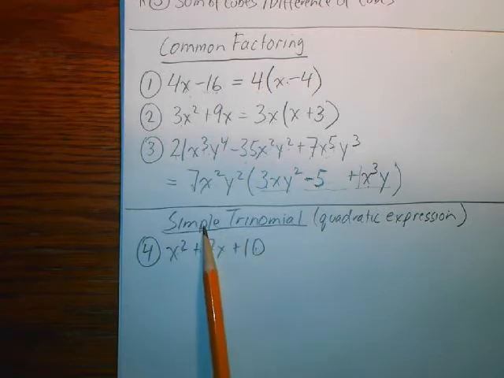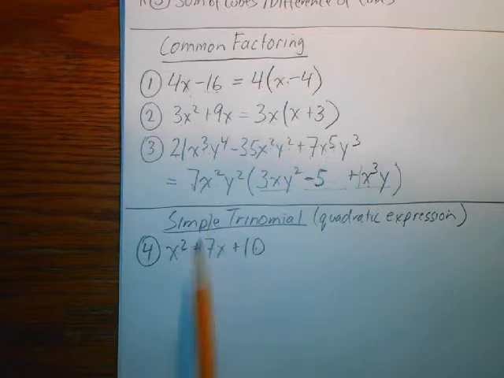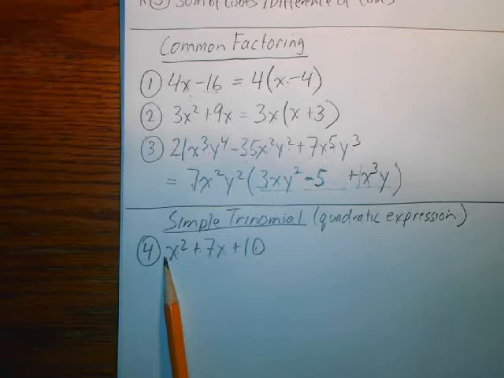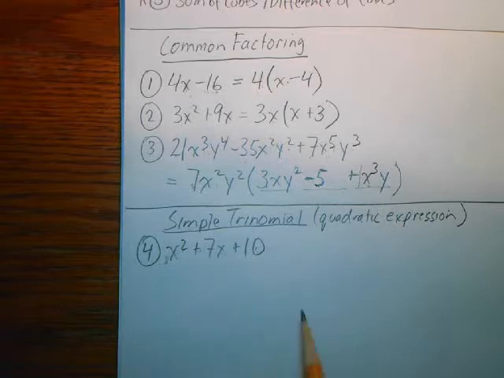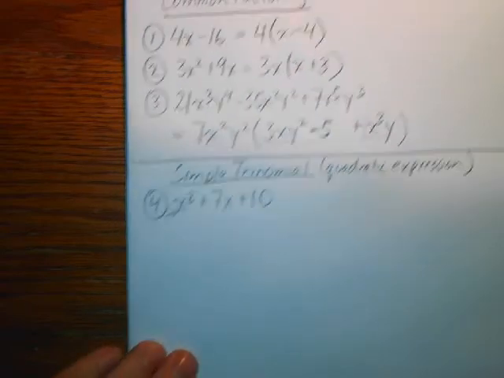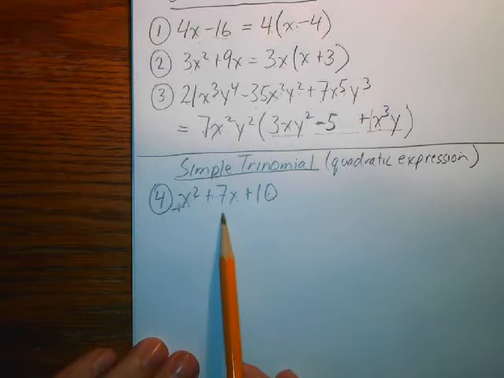Now the simple part comes from the fact that the squared term has a coefficient of 1. If this was a 3x squared, it would not be a simple trinomial factoring question. It would be a complex trinomial factoring question. So the simple part comes from the coefficient, and the trinomial is really a quadratic expression. Now you can't just pick any random one.